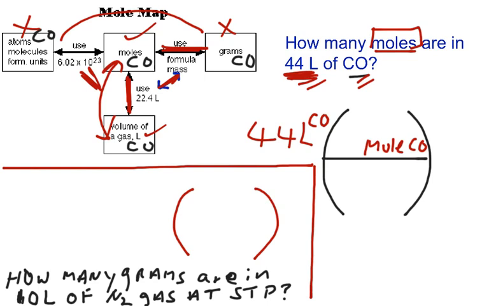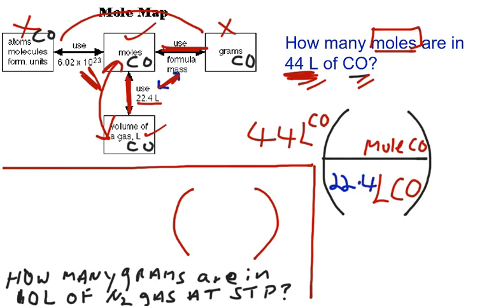Now, obviously, from experience, we need to cancel out the liters of carbon monoxide. So we're going to put liters of carbon monoxide in the bottom, okay? Now, the value that we're going to use in the bottom is right here. We have to memorize that value. It's going to be 22.4.